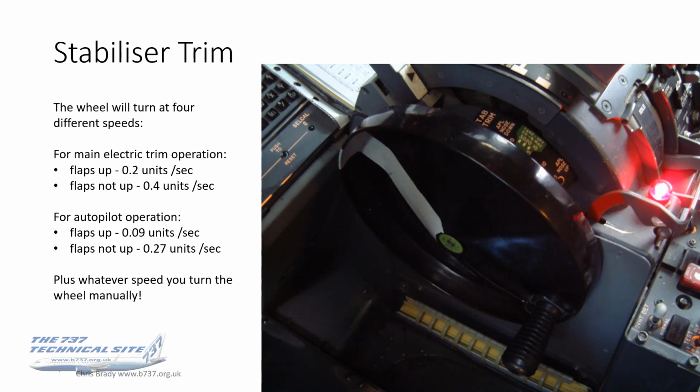Flaps not up, it'll go twice as fast at 0.4 units a second. With the autopilot, it's altogether slower still by around about a half: flaps up, as you can see, 0.09 units a second, flaps not up 0.27 units a second. So it's slower with the autopilot than with the trim switches.